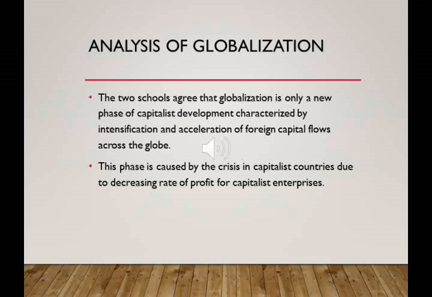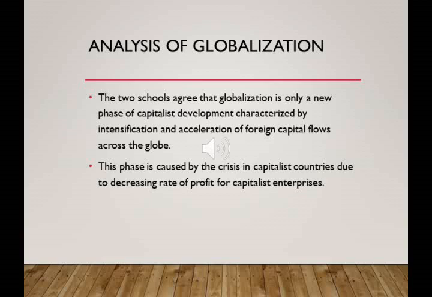Lenin considered imperialism to be the highest stage of capitalism, driven by the need of monopoly capitalists to find an outlet for their investments. So something similar to this is the essence of the argument of dependency and Marxist writers when they come to look at globalization at present.